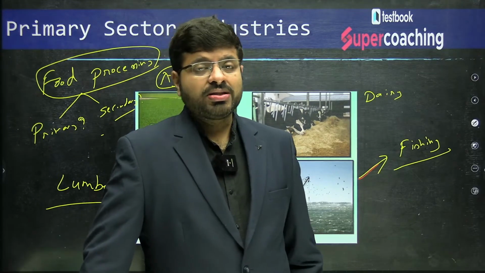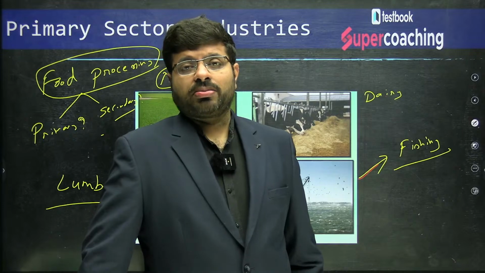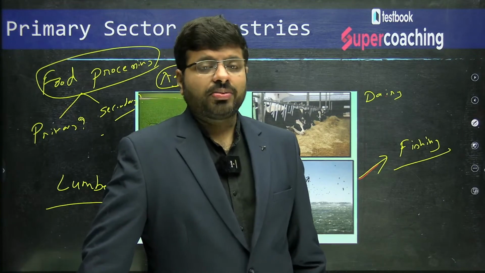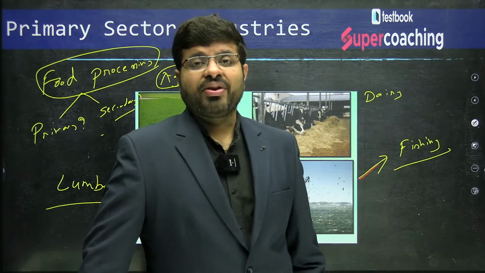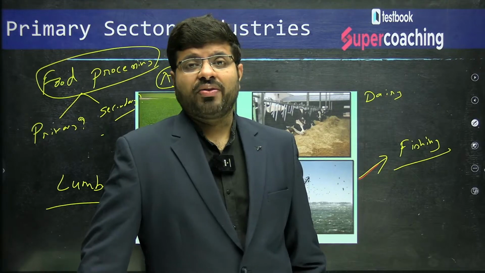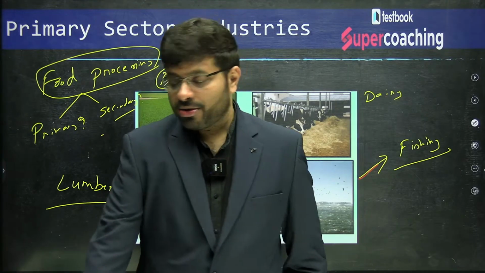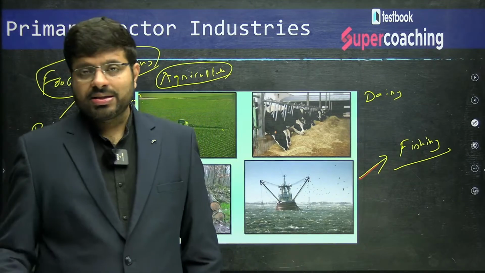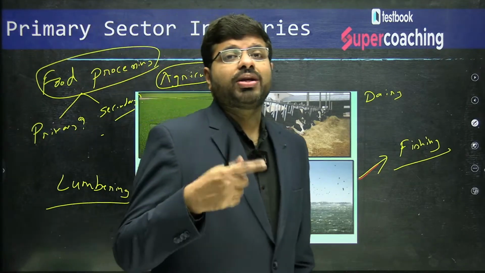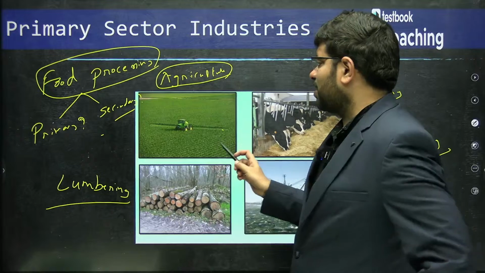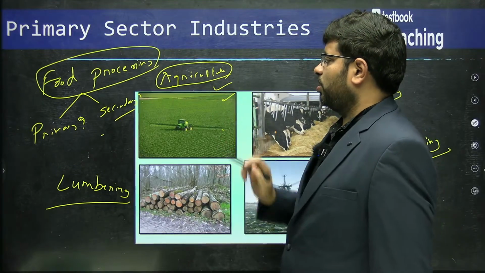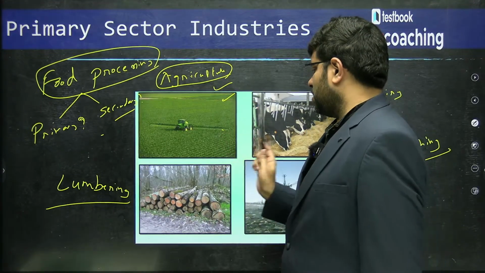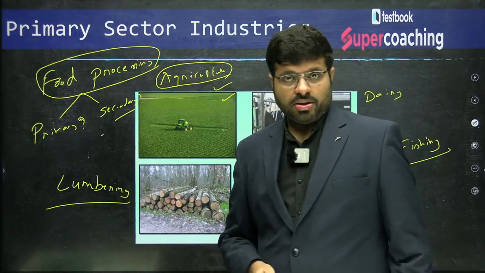What if that ginger is converted into something like ginger juice, ginger drinks, beverages. Nowadays you find different flavors of ginger beverages as well. So this is where you will find so many new dimensions. That is the approach which I am talking about. Primary sector industries are of multiple things. Moving forward.